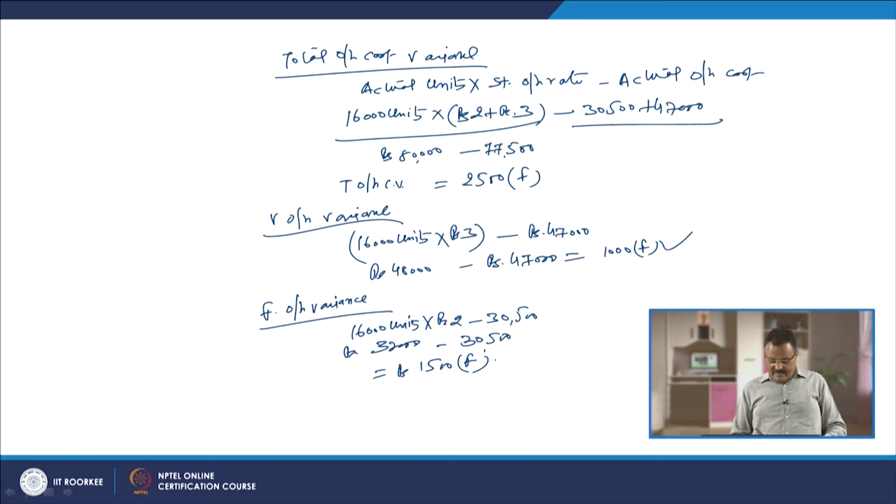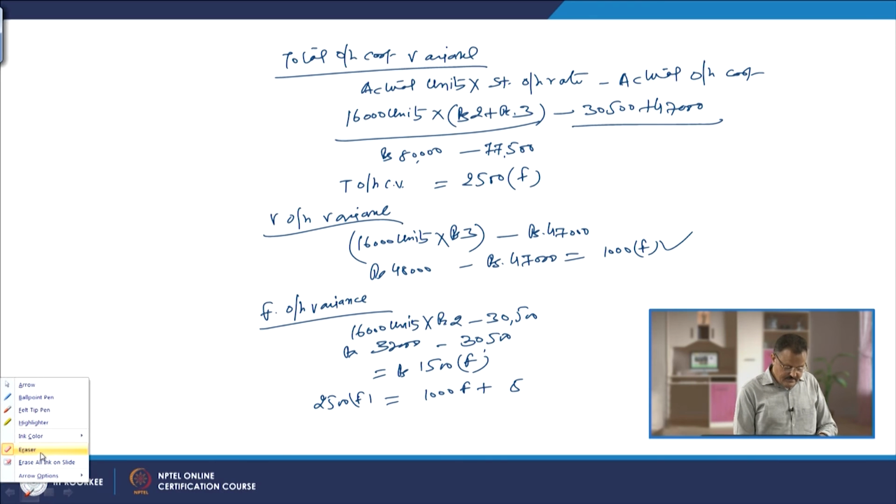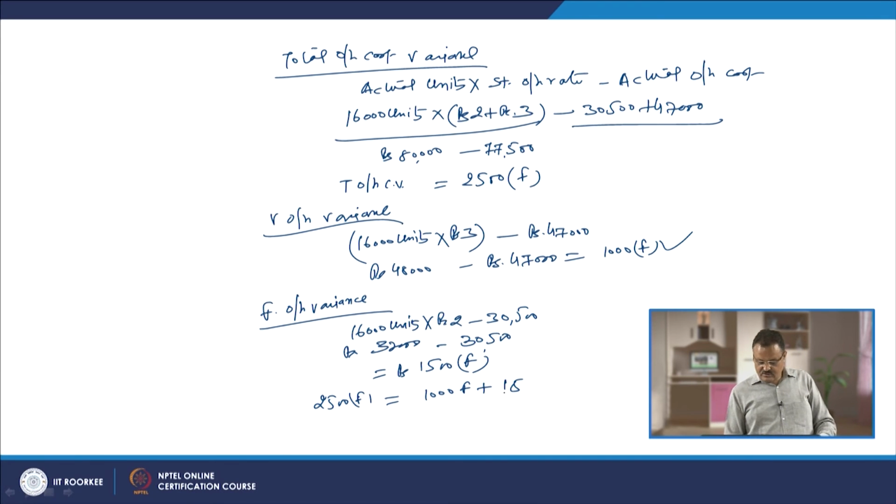So, if you now calculate, the total overhead cost variance is 2,500 favorable, and this is 1,000 favorable plus 1,500, again favorable. So, 2,500 favorable is equal to 2,500 favorable.